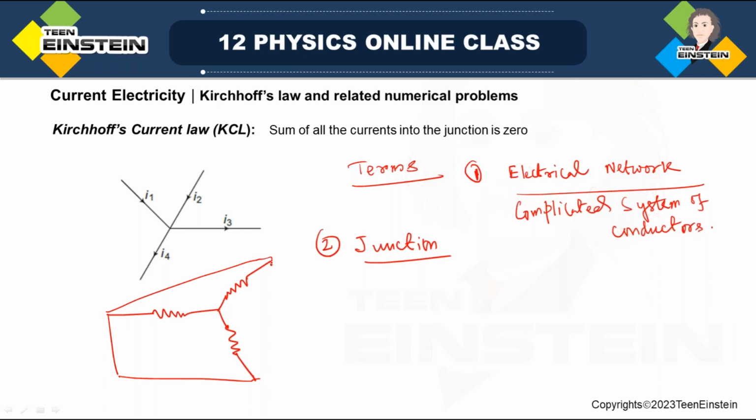Junction is the point where two or more currents are meeting, suppose this, and it is coming out through this. So, any point in an electrical circuit where two or more conductors are joined.